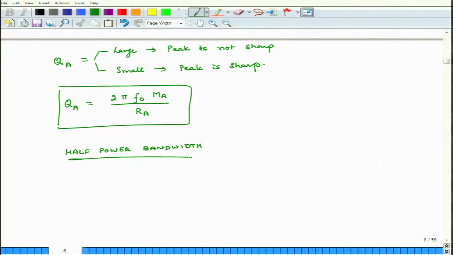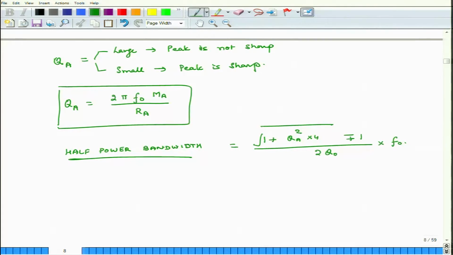Okay. And that is defined as 1 plus quality factor square times 4, divided by, okay, so minus plus 1 divided by 2 q naught into f naught.